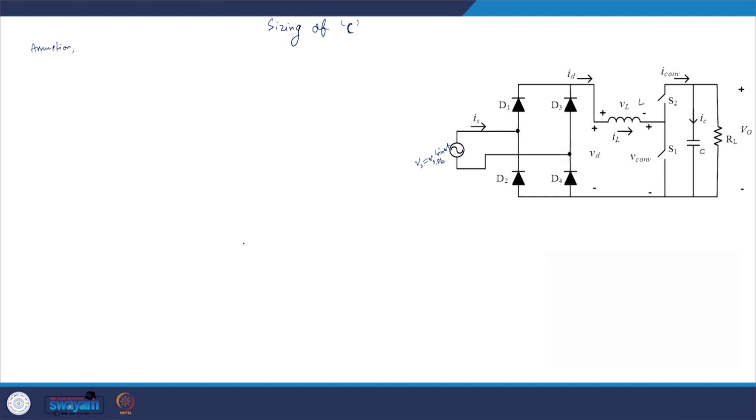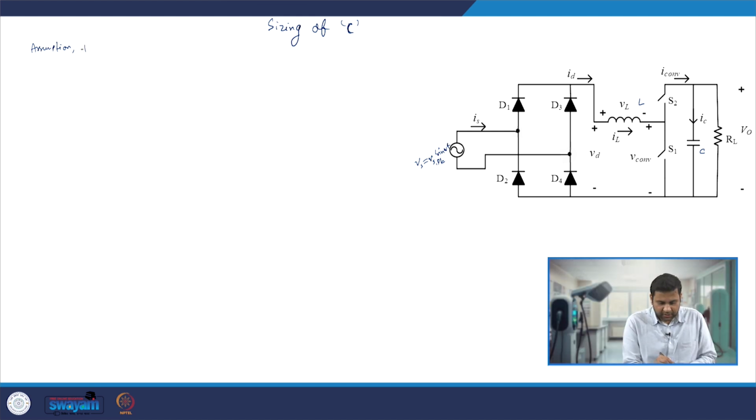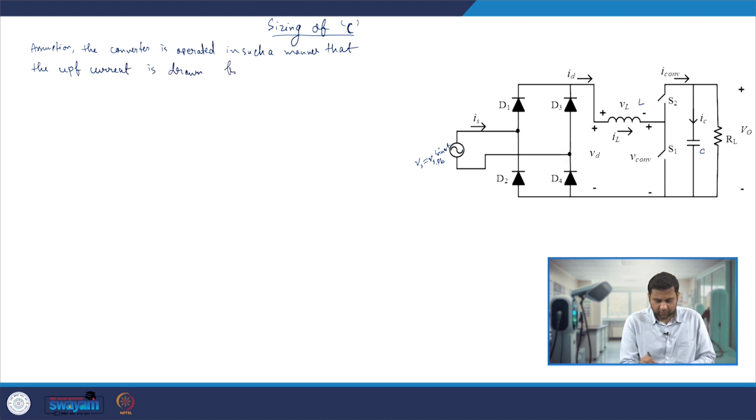So one assumption we have taken is that the converter is operated in such a manner that the unity power factor current is drawn from the grid.